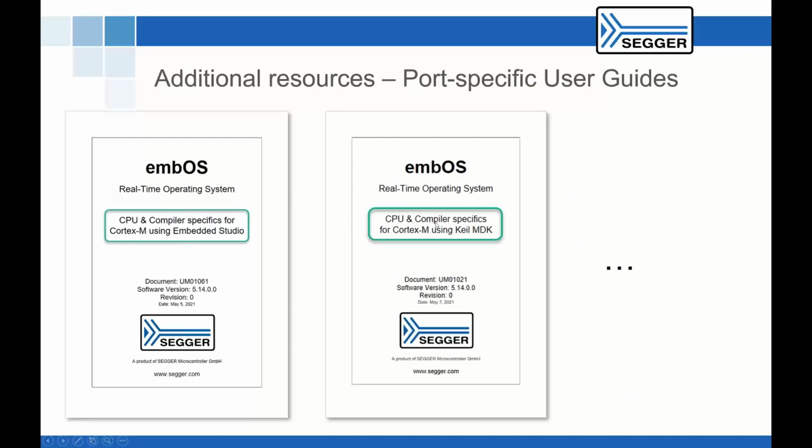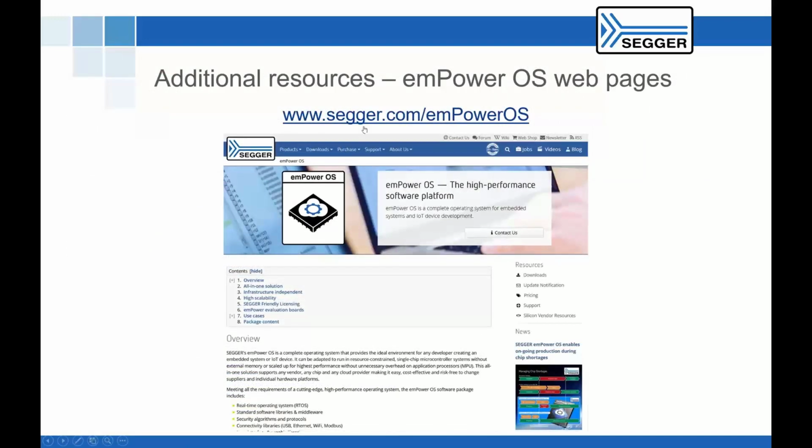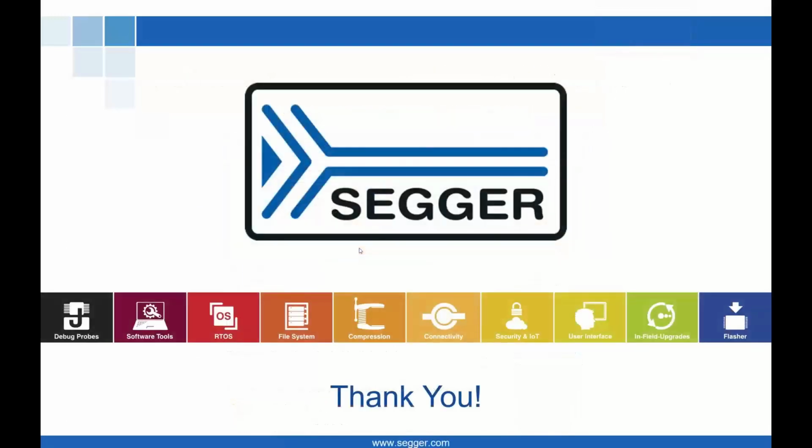Obviously, there's one for every one of the 80+ ports. We also have a wiki page on embOS that has some nice information. Particularly interesting, if you feel like migrating from FreeRTOS to embOS, we have a migration guide for that. And obviously embPortOS also has a section on our website that you can look at.